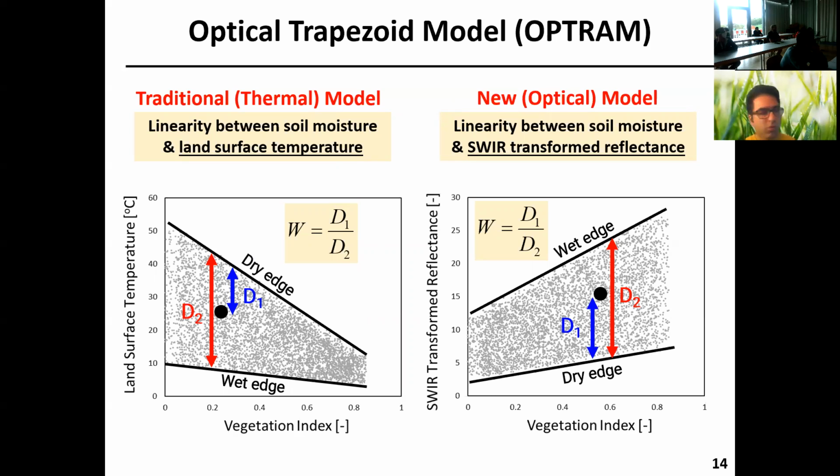Of course, with this trapezoid, if we restrict the area based on the soil type, the vegetation type, and the land conditions, we would hopefully get more and more accurate estimates.